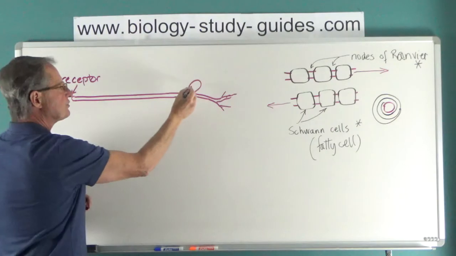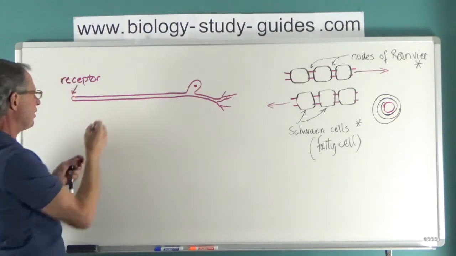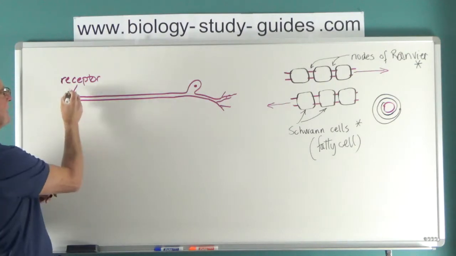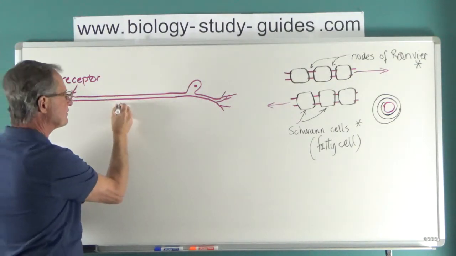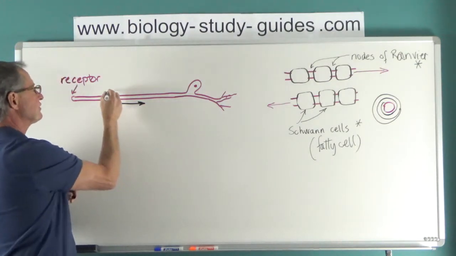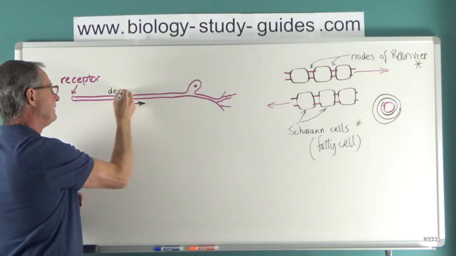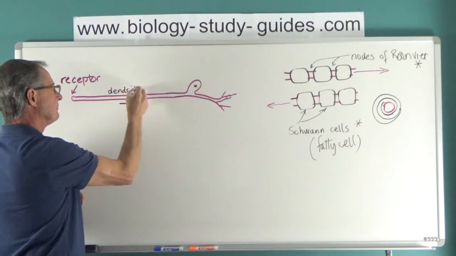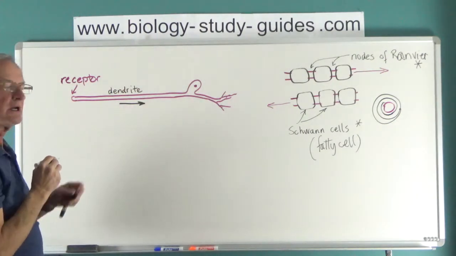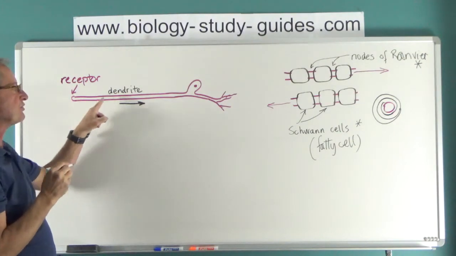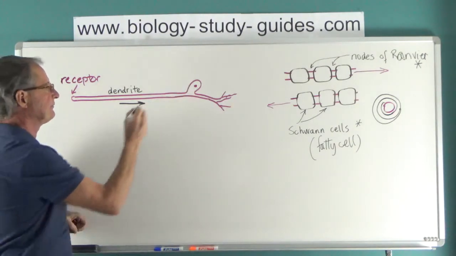So there's three parts to it if you think about it. This long part here, the receptor's here, so this is conducting an impulse in that direction. This is called a dendrite. Dendrites are defined as those fibers that conduct impulses towards a cell body.